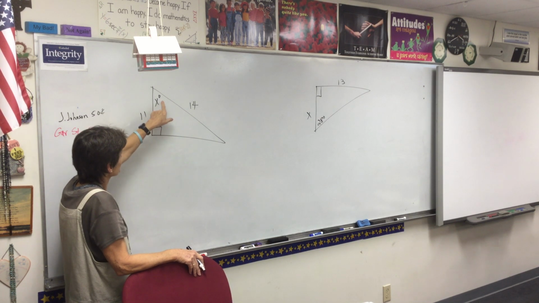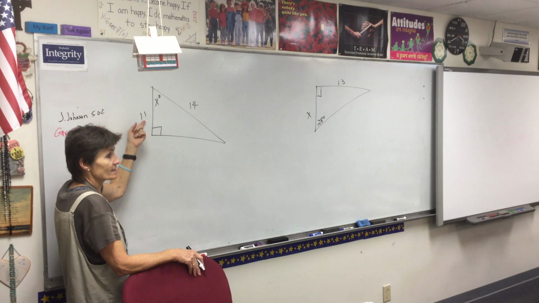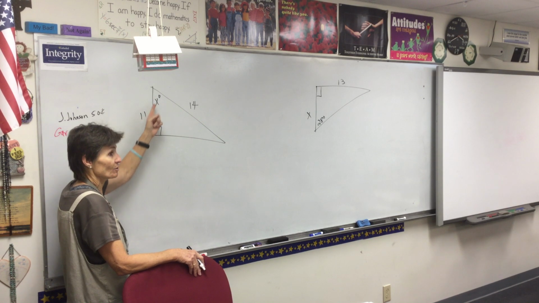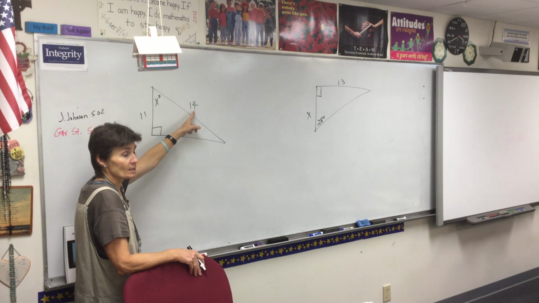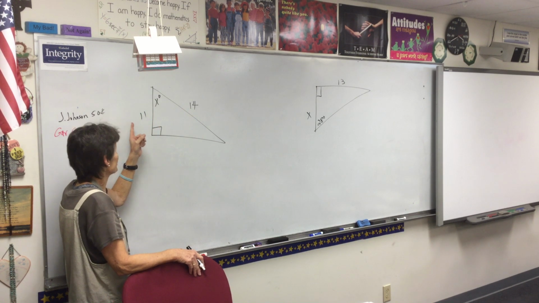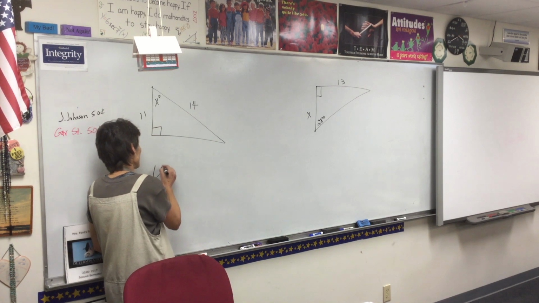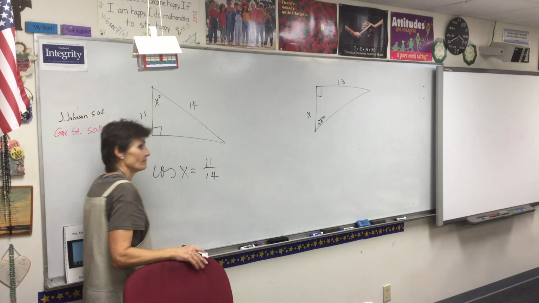But I need to come up with an equation. So relative to that angle, which side is this? Opposite, adjacent, or hypotenuse? This is adjacent. This is right next to it. What's this one? Hypotenuse. So sine, cosine, or tangent, given that information? Cosine. So I'm going to say cosine x equals 11 over 14.